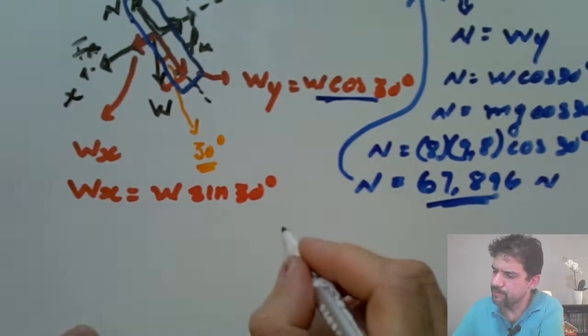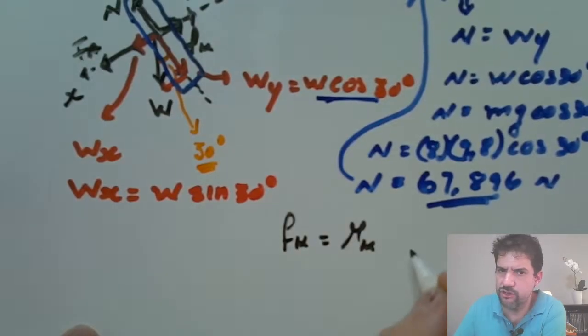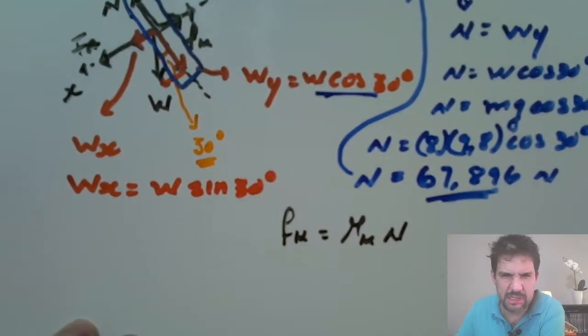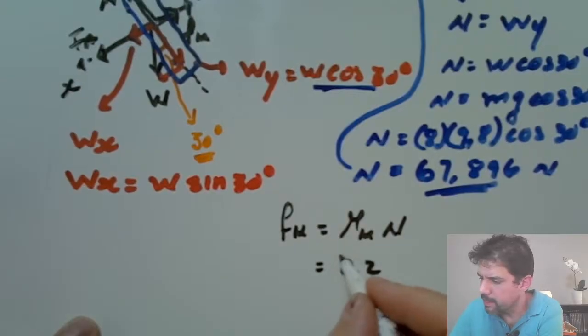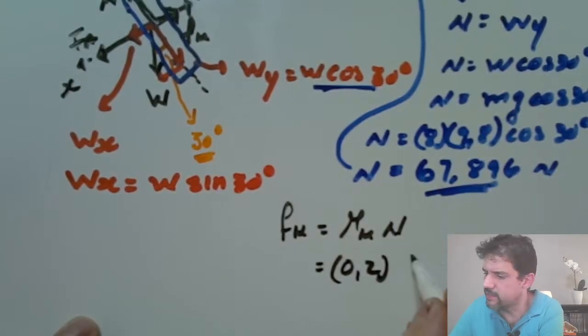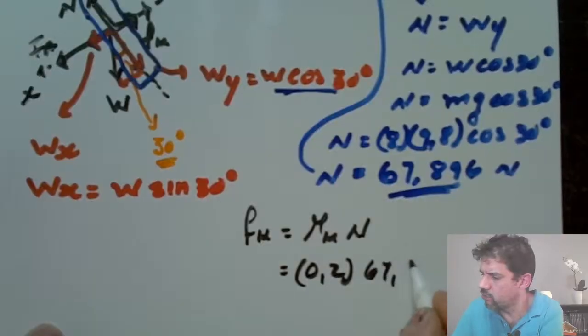So I'm going here. Fk is equal to kinetic coefficient of friction multiplied by normal. I'm rewriting the formula because why not? This is equal to, the kinetic coefficient is 0,2, it's given. And the normal I just calculated is 67,896.